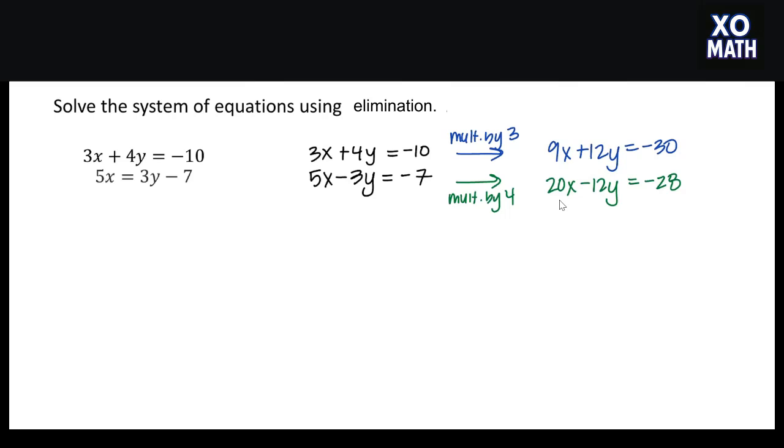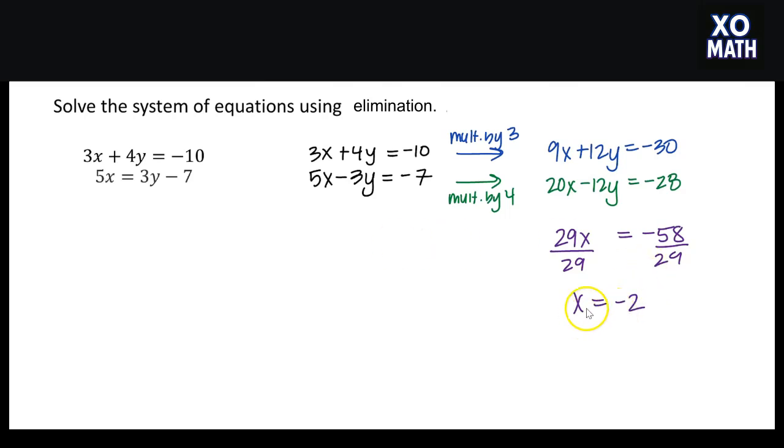So adding them together, we end up with 29x is equal to negative 58, which seems like big numbers, but 29 divides evenly into negative 58 2 times. So dividing both sides, we have x equals negative 2.